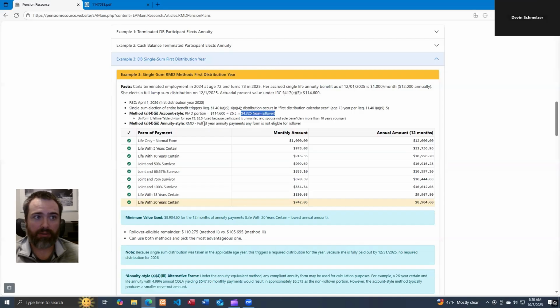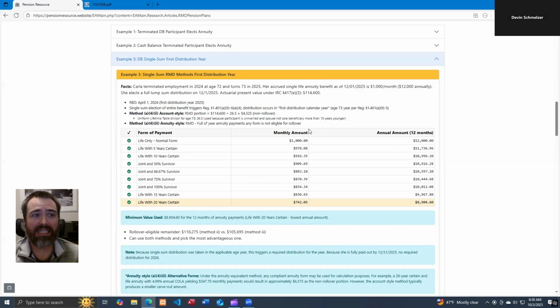Under the annuity method, we get to use any form of payment of annuities available for that participant provided on the plan for calculating the 12 monthly payments that aren't eligible for rollover. It doesn't matter the timing of the single lump sum distribution during the year. If it's June or at the end of the year, you still calculate 12 hypothetical annuity payments that aren't eligible for rollover.